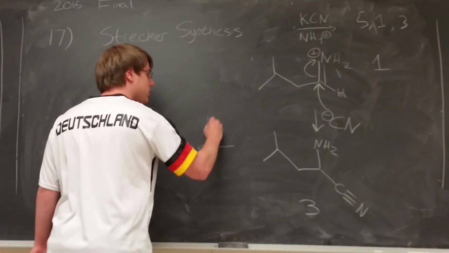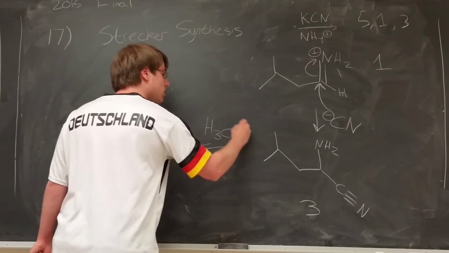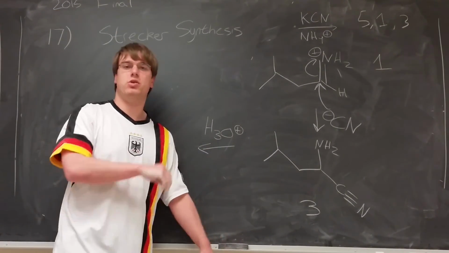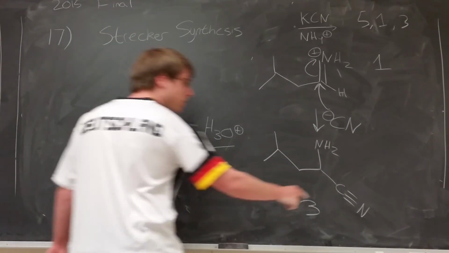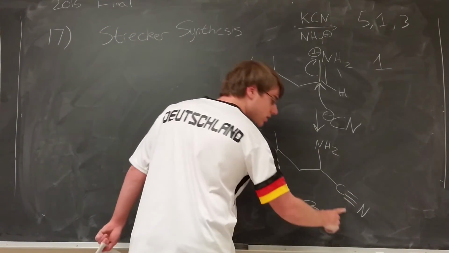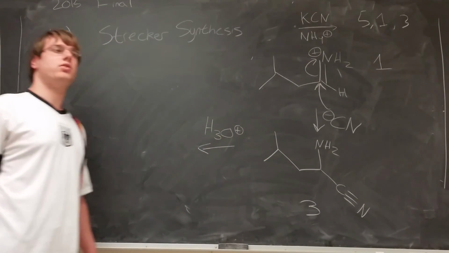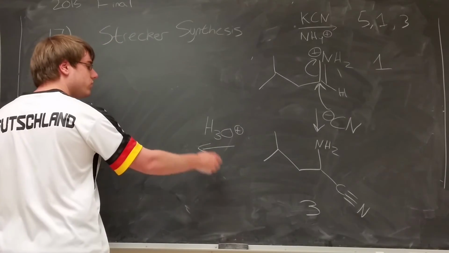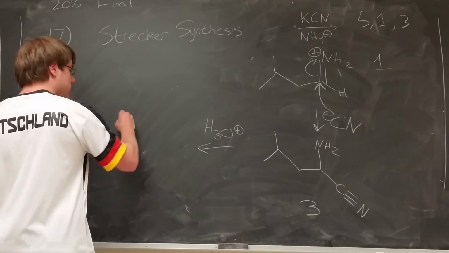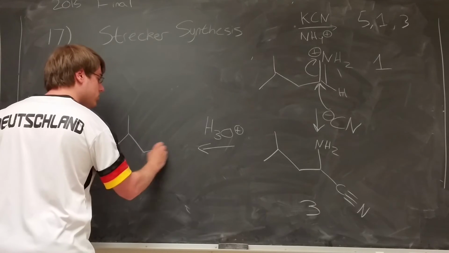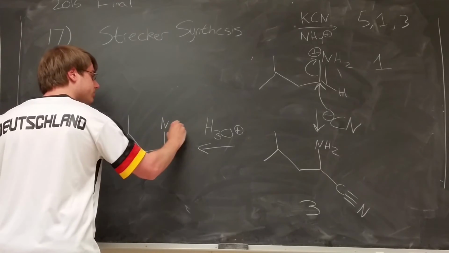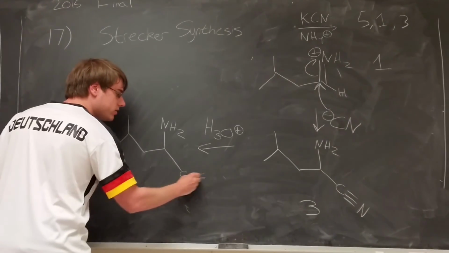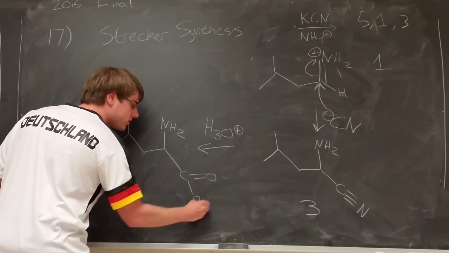The last step involves some H3O positive. And if you remember what H3O positive does in the context of C triple bond N, this was something you learned for the second exam, it ends up adding oxygens to this carbon, kicking that nitrogen out as NH4 positive, and then you end up getting a carboxylic acid there. So what you would have at the end of the Strecker synthesis is NH2, and now this carbon, which was the carbon of the C triple bond N, has a double bond O and an OH, a carboxylic acid.